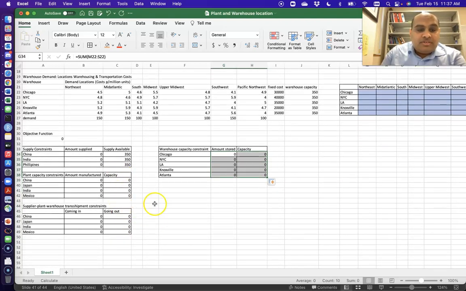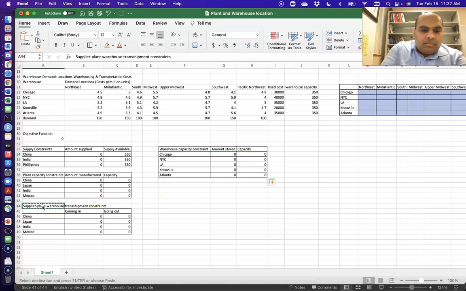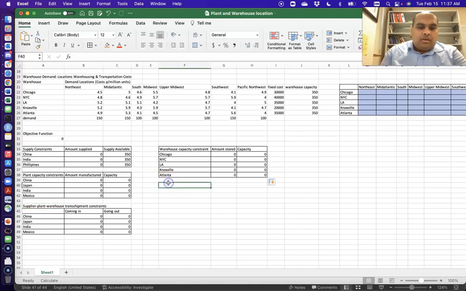And now let's write the transshipment constraint. So we'll now have the plant, warehouse, market transshipment constraint.